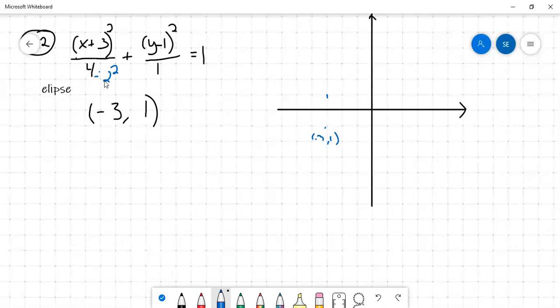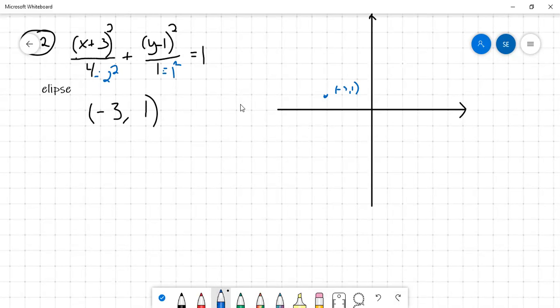I put this point in the wrong spot, sorry. This point here is (-3, 1). So this 4 equals 2 squared, and this 1 is equal to 1 squared.